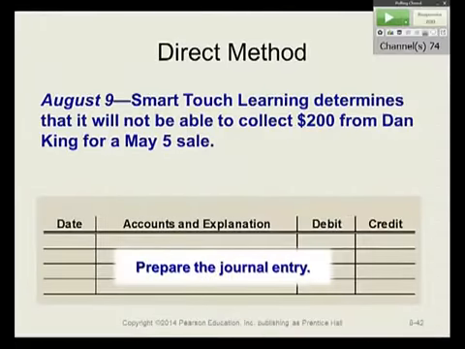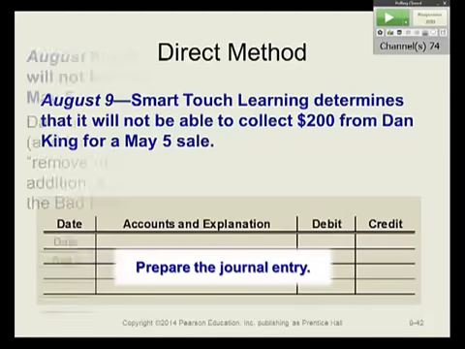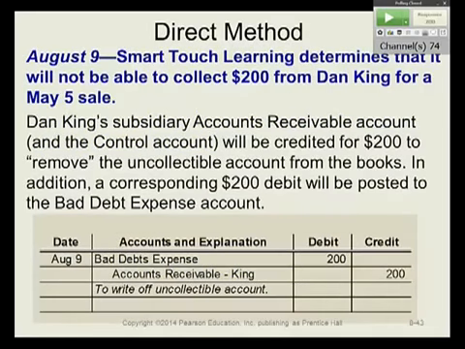Now, to show you an example, let's assume that we have this customer, Dan King, who tells us, or they determine, the individual cannot pay $200 on his account. Basically, what's going to happen is that once we find out that the account is uncollectible, we debit the bad debt expense and credit the receivable directly.